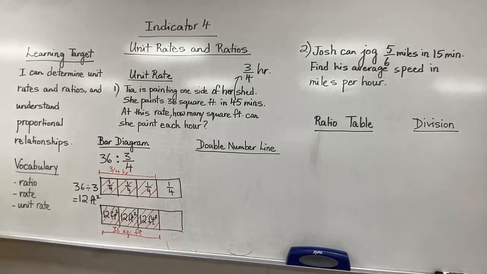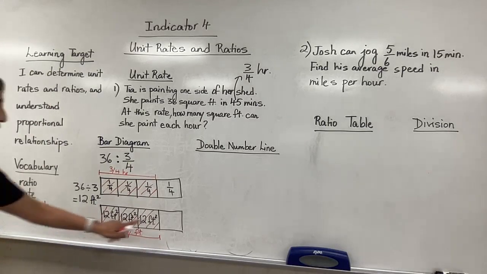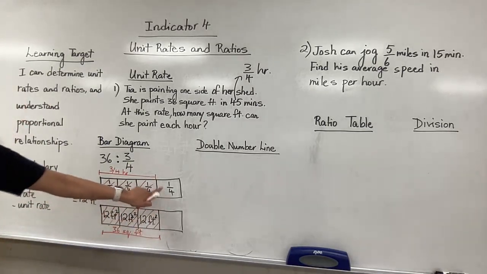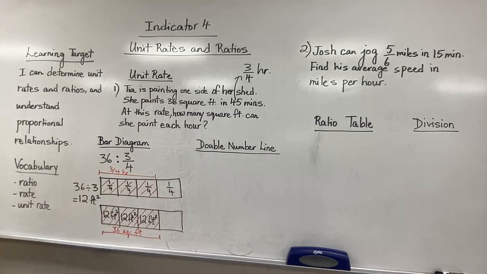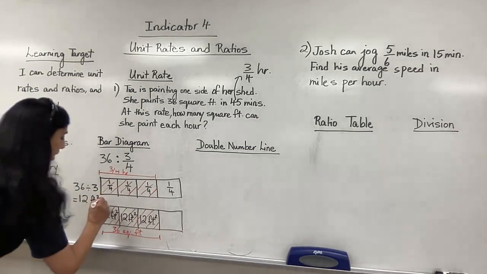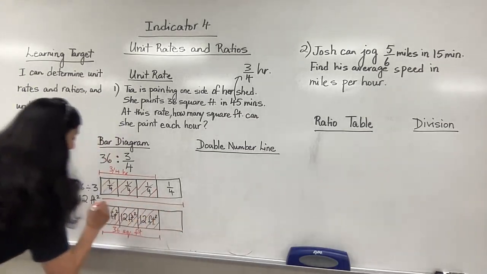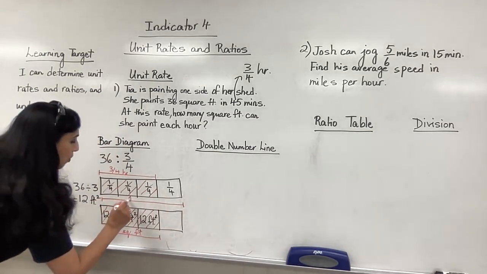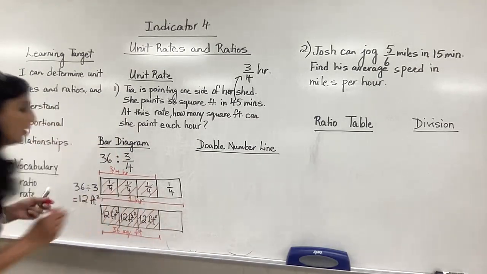Okay. And so now, look, we have 4 parts over here. We have 4 parts that make it 1 hour. So this entire thing, from this till here, is going to be 1 hour.